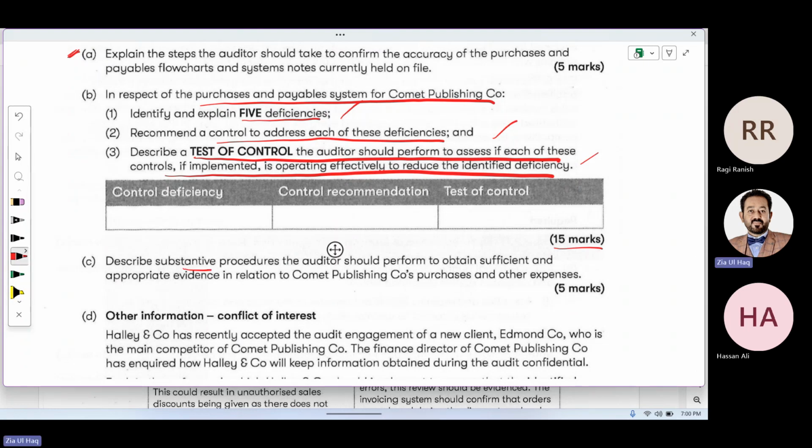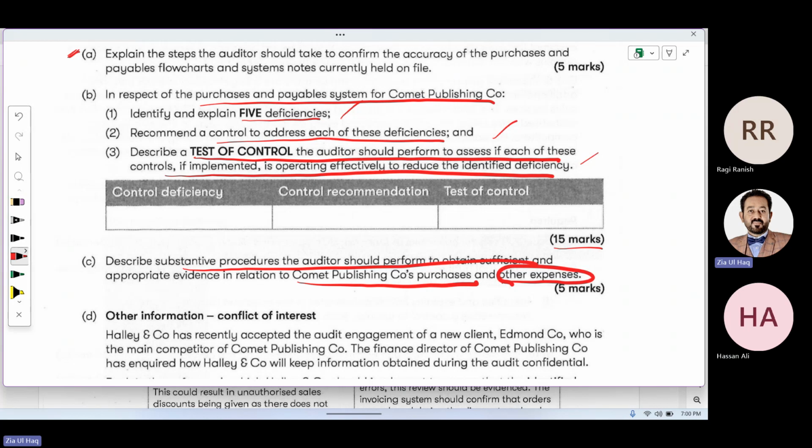Describe the substantive procedure that the auditor should perform to obtain sufficient and appropriate evidence in relation to Comet Publishing Company's purchases and other expenses. For other expenses, we are unable to write down, but for purchases, can we write down substantive procedures? Any 1, 2 for occurrence, 1, 2 for completeness: trace a sample of GRNs to relevant invoices and agree detail.